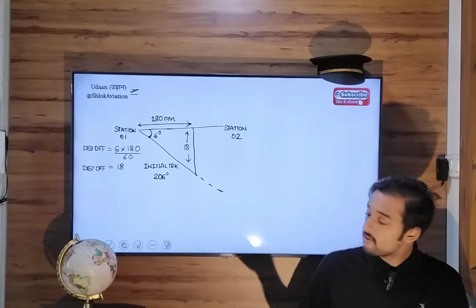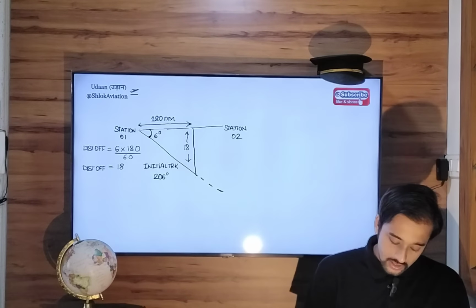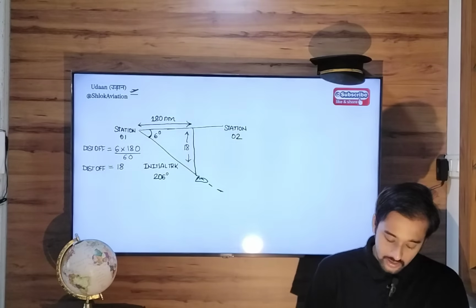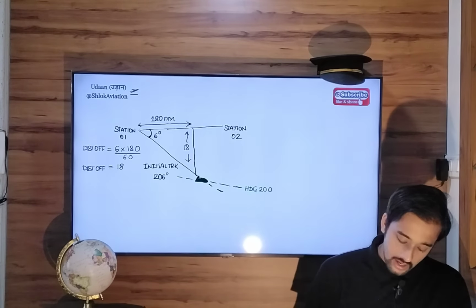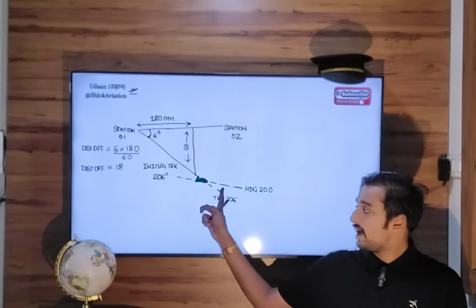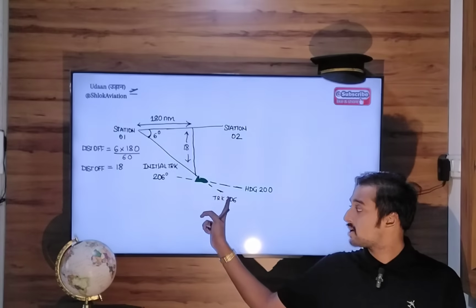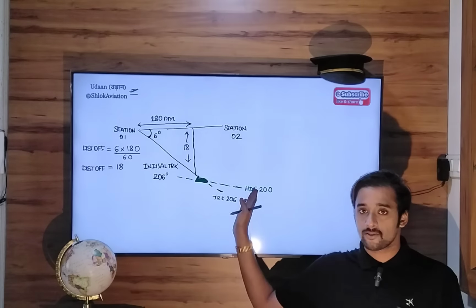Okay. Now if you start, the heading of aircraft is 200. So I am drawing this aircraft here. Heading of aircraft is 200, and the track is what? Track is 206. So that's why I have drawn this heading to the left hand side of 206, because 200 is less than 206, therefore left of it.